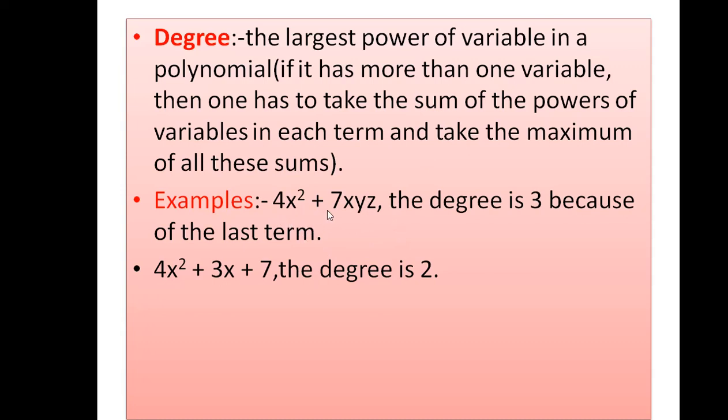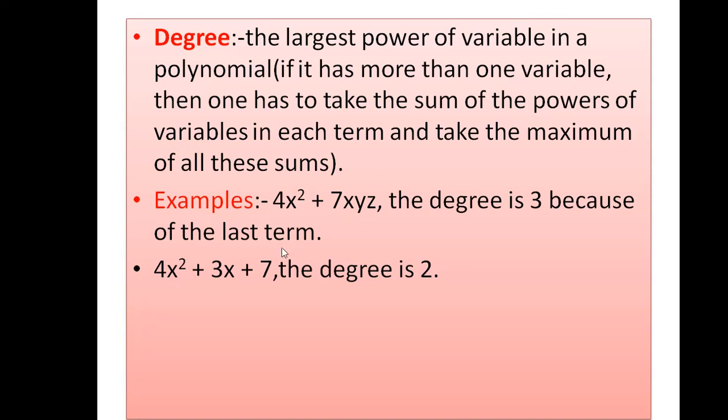4x square plus 7xyz. So here this term has x to the power of 2. Here the degree is 2, and in the next term it is 7xyz. So here three variables are there. x is simply x, meaning x to the power of 1. y means y to the power of 1, and z means z to the power of 1.